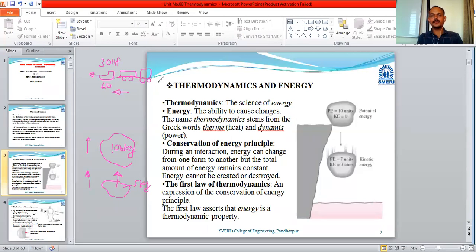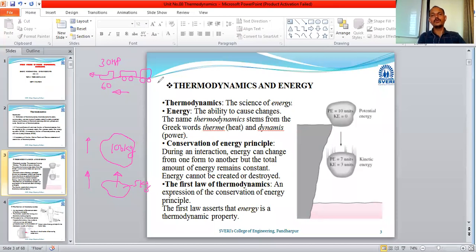The energy available in the water of a dam, in which form is it? Potential energy. Yeah, correct. When the water is in the dam, at that time the water has potential energy.